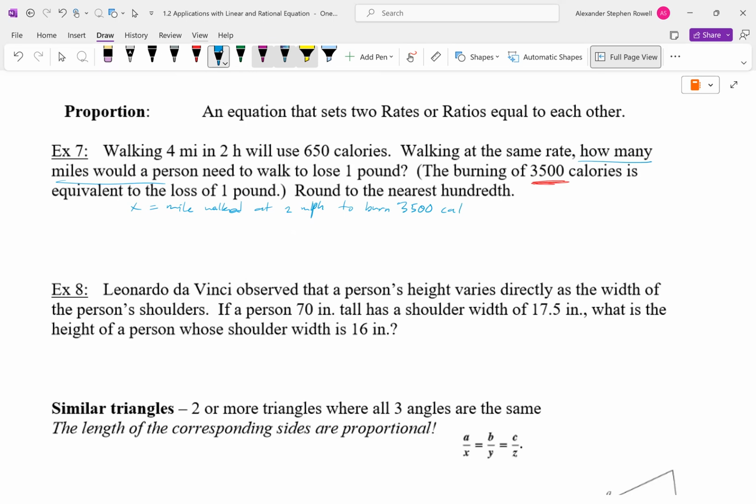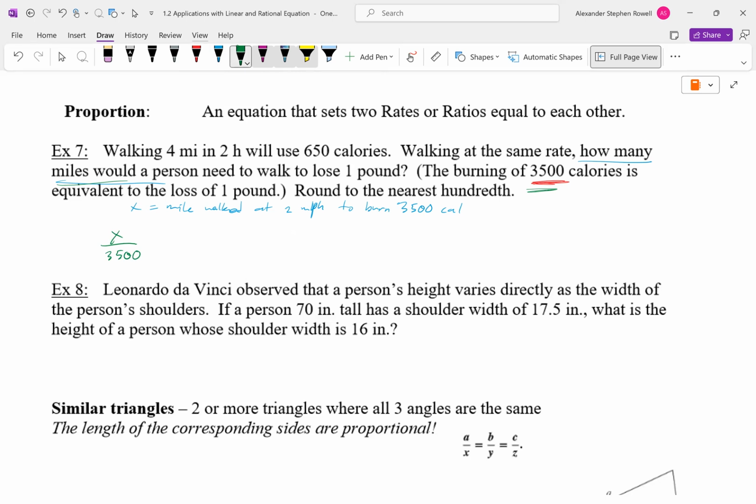So we're comparing miles to what? Yes, how many miles to calories, right? So my options are, if I'm comparing X over 3,500 or 3,500 over X.